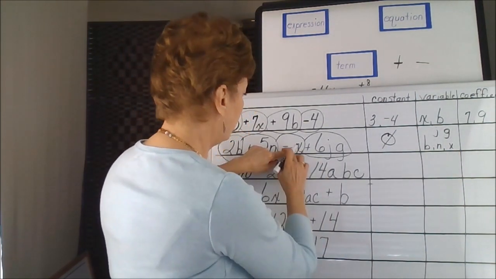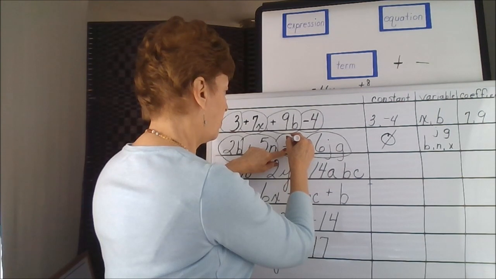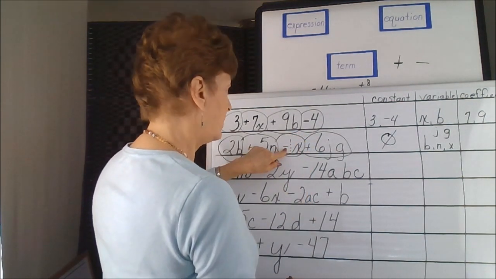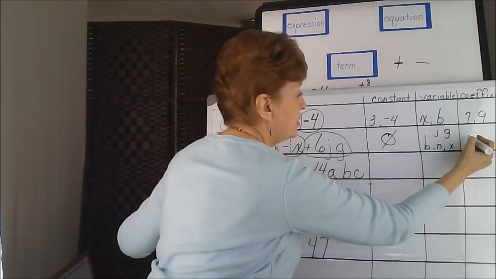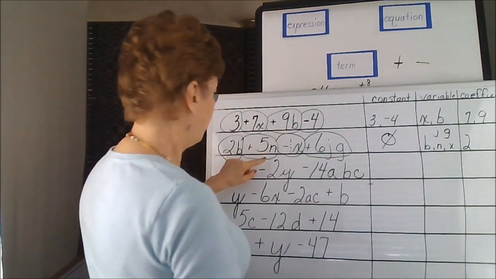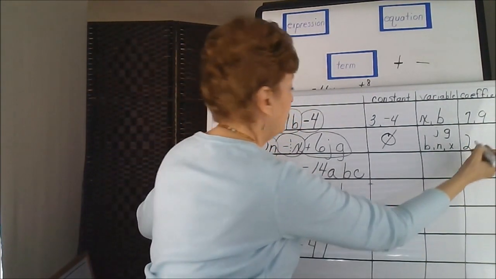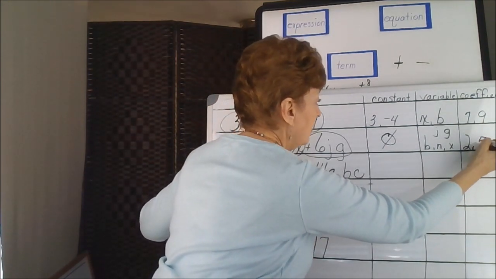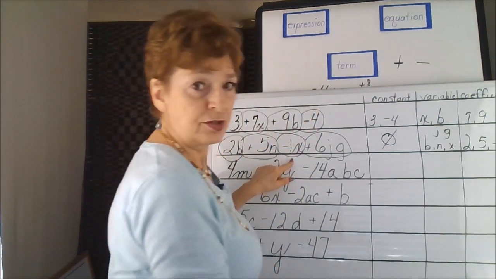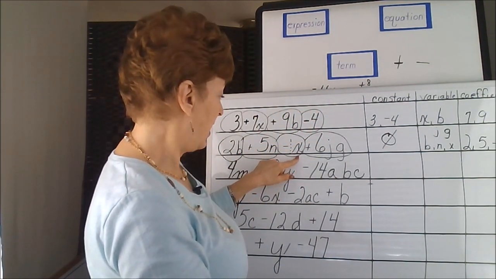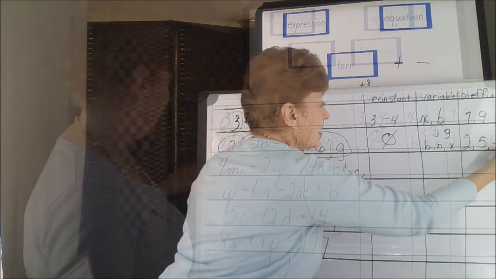We are dealing with an understood 1 here. So when we get to our coefficients, we would use 2 because it's attached to the B, 5 because it's attached to the N, a -1 because that's understood attached to the X, and a 6.